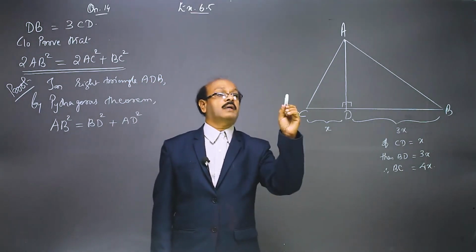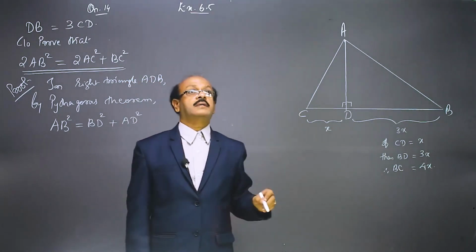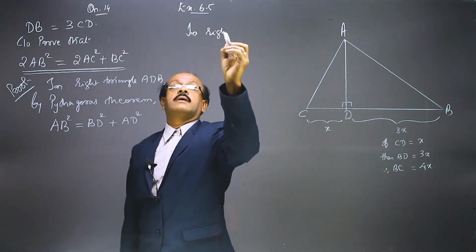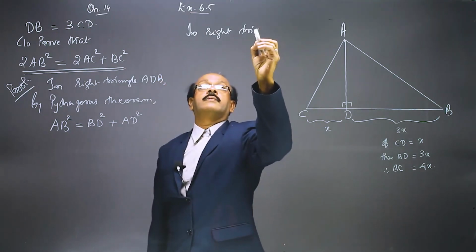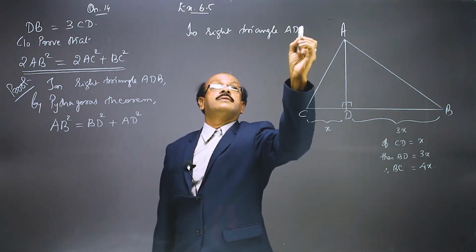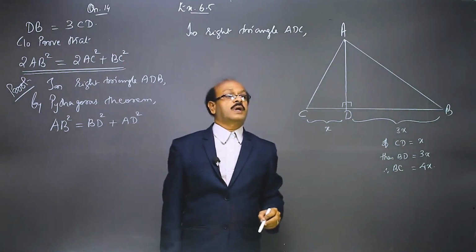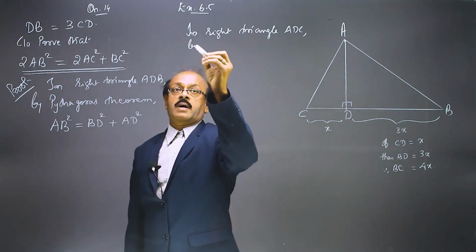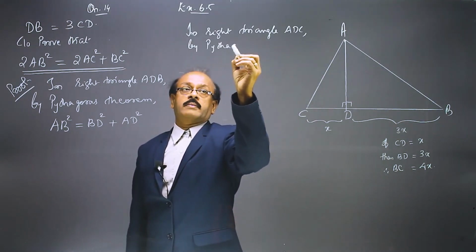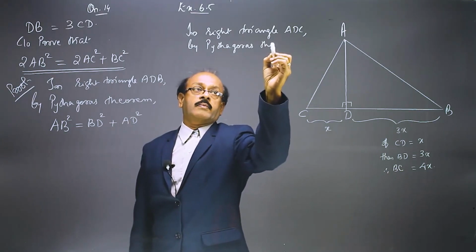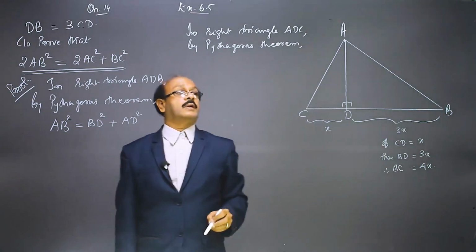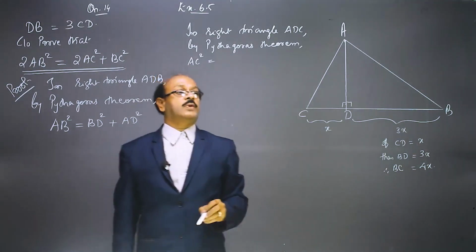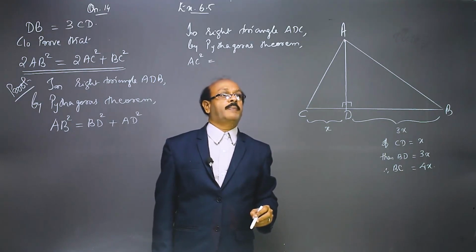Now, in right triangle ADC, by Pythagoras theorem, AC square is equal to AD square plus CD square.